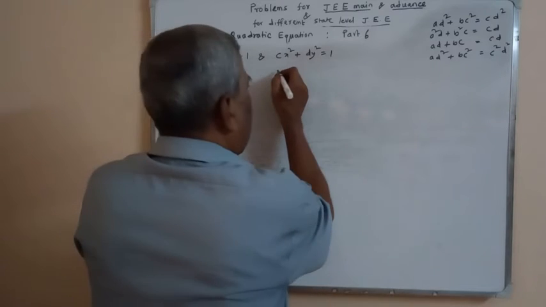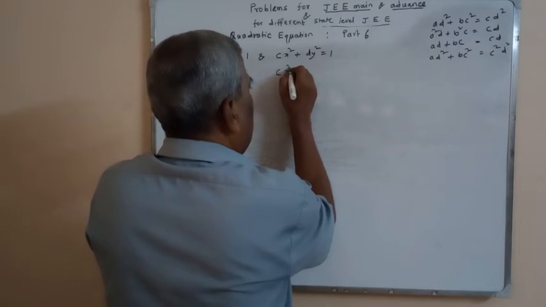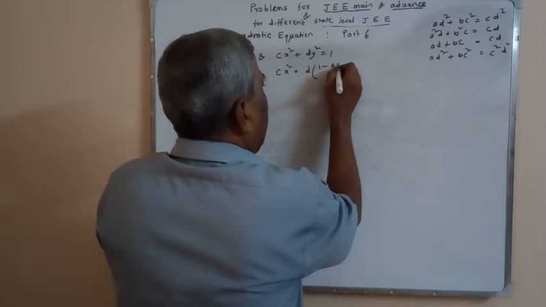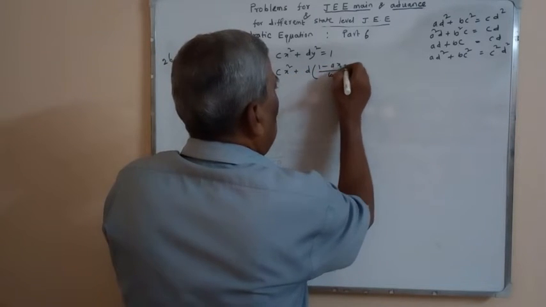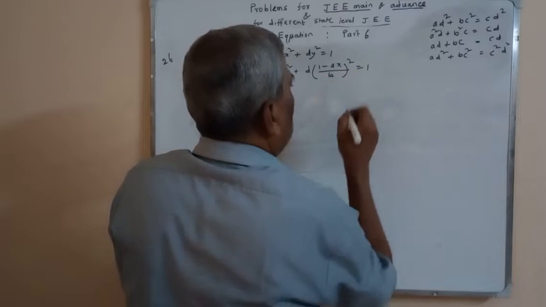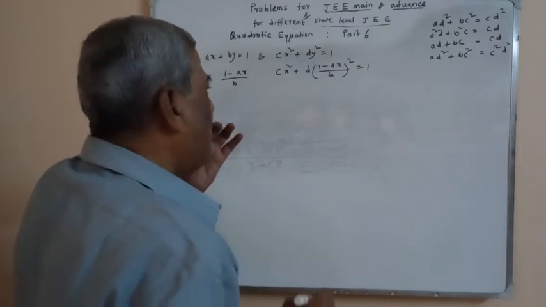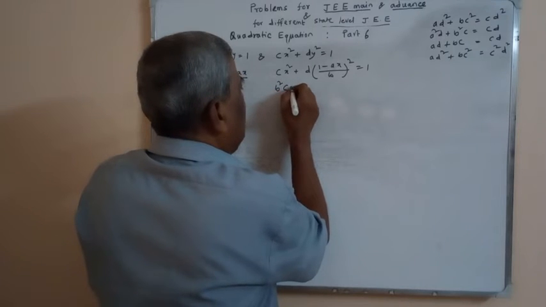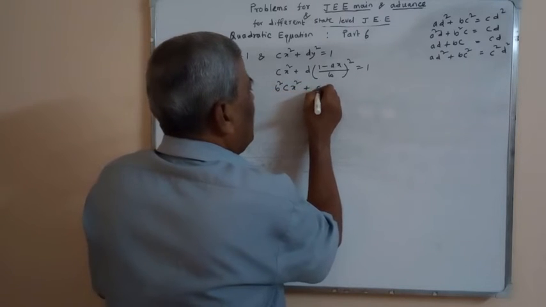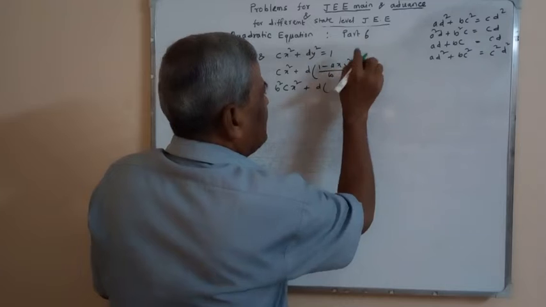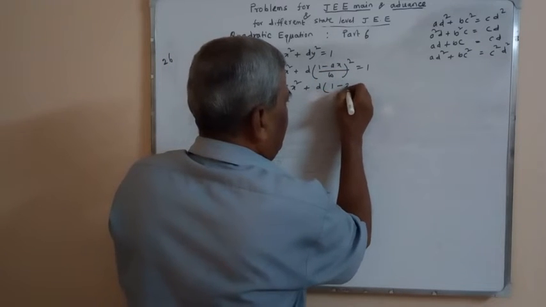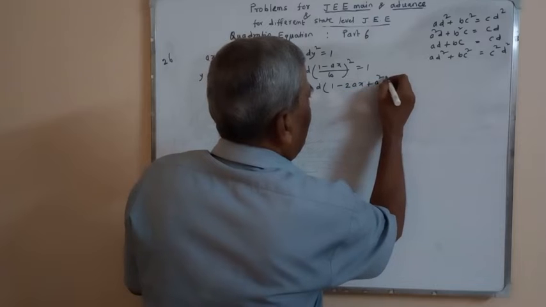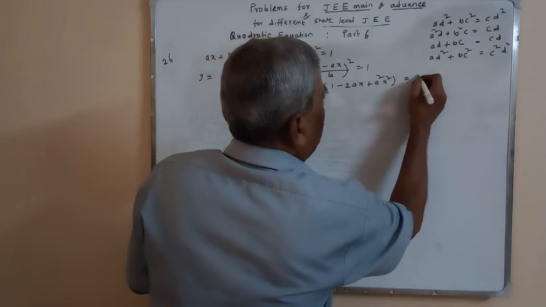Put it there: cx square plus d into (1 minus ax by b) whole square is equal to 1. So multiplying by b square: b square c x square plus d into (1 minus ax) whole square is equal to b square.